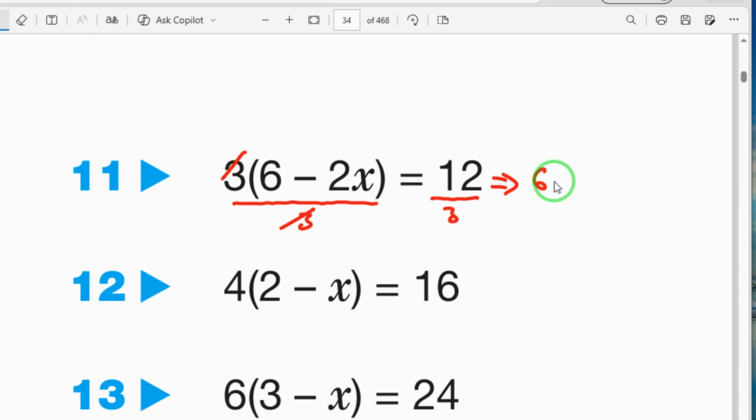Minus 2x equal to 12 divided by 3 gives us 4. 1 times 3 is 3, 4 times 3 is 12 here.